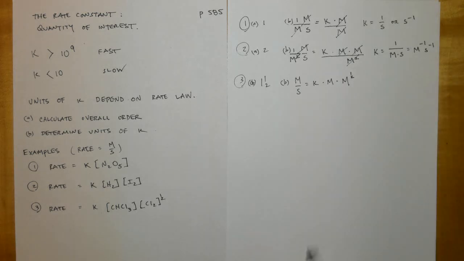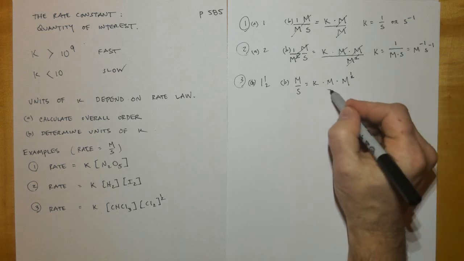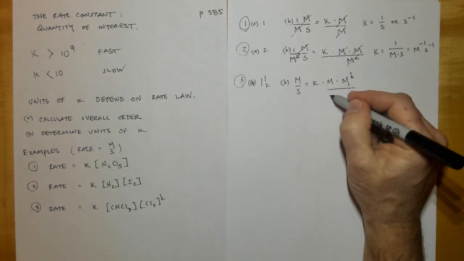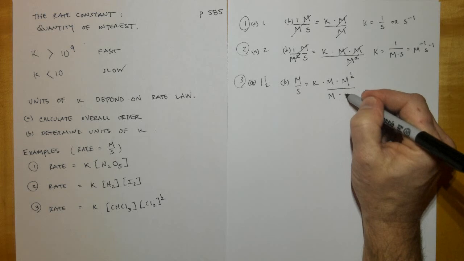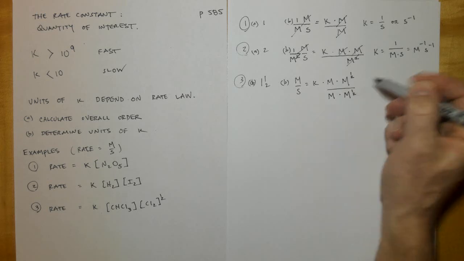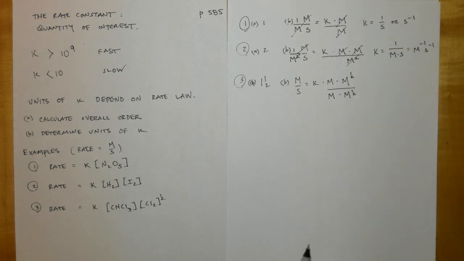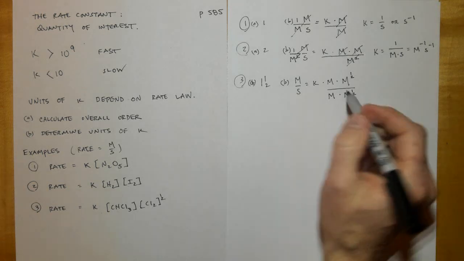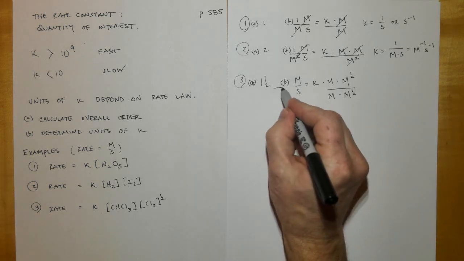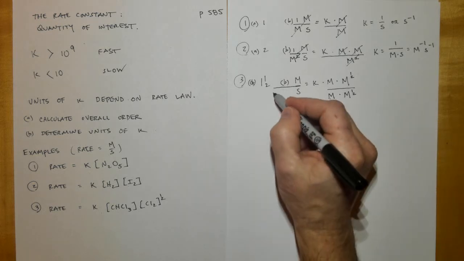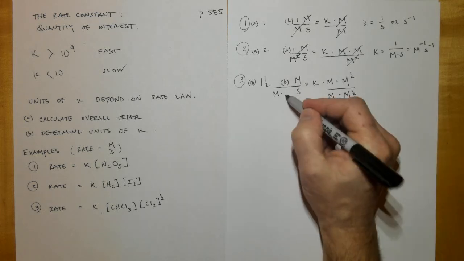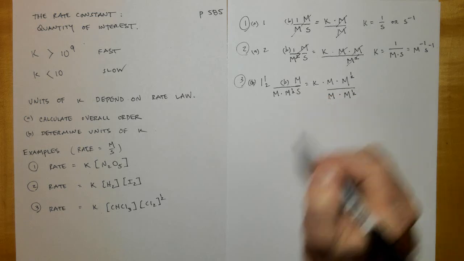All right, we want to get K alone by itself, so we're going to have to divide this side by molarity and divide it by molarity to the 1/2 power, or I could say I'd divide it by molarity to the 3/2 power. That would be okay as well. Now whatever I do to this side, I also have to do to this side, so that means I have to divide it by molarity and by molarity to the 1/2 power.